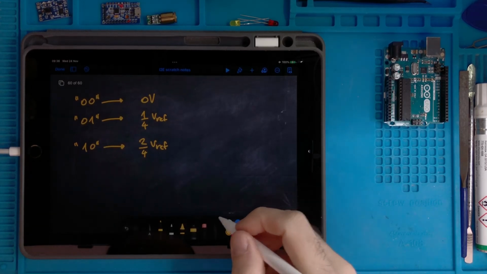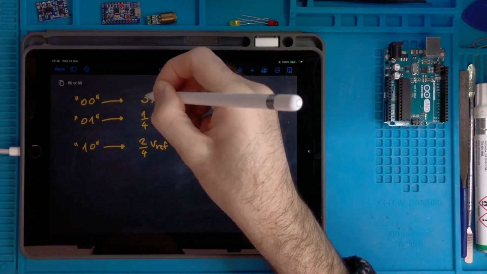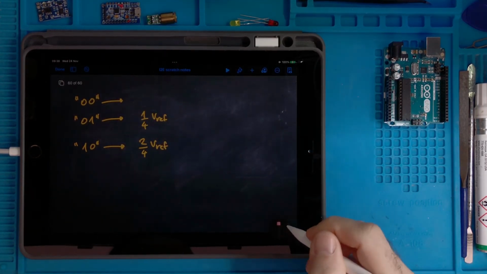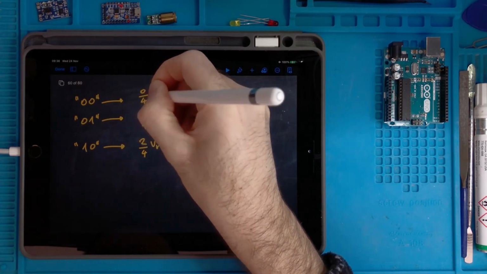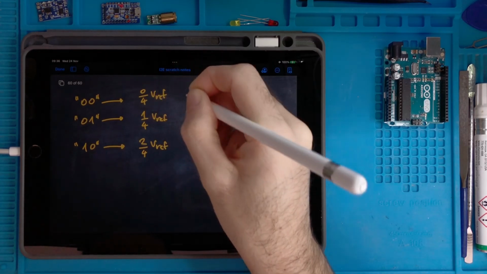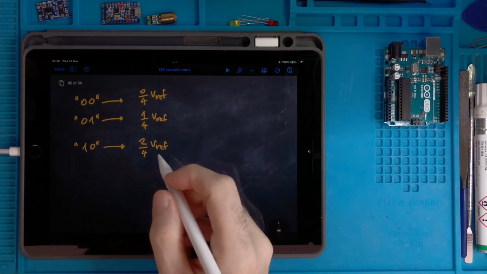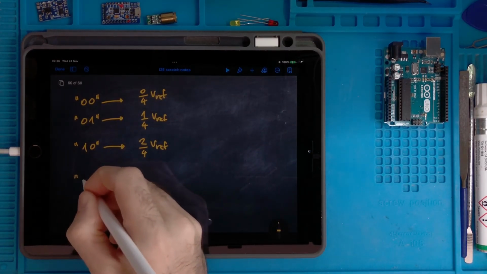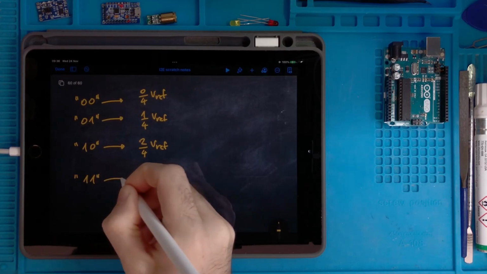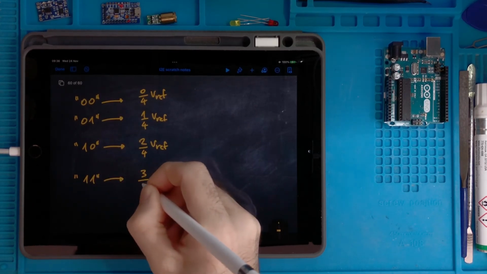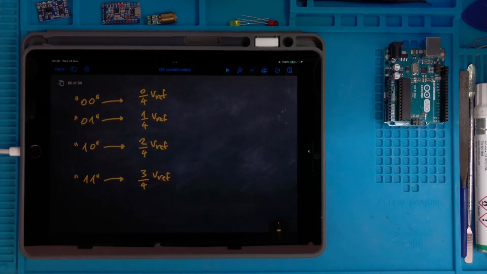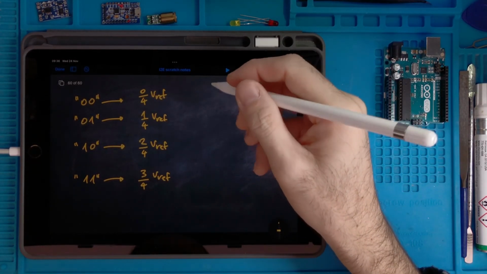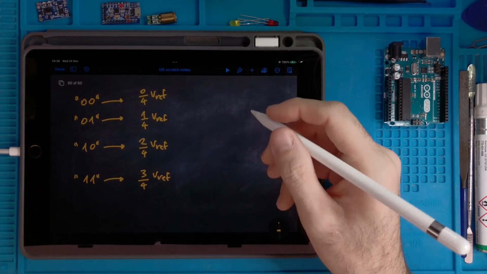So just to be complete, let's write it like this: 0/4 Vref. And we don't do this, but you can imagine that if you do this, then you will have the case 3/4 Vref.